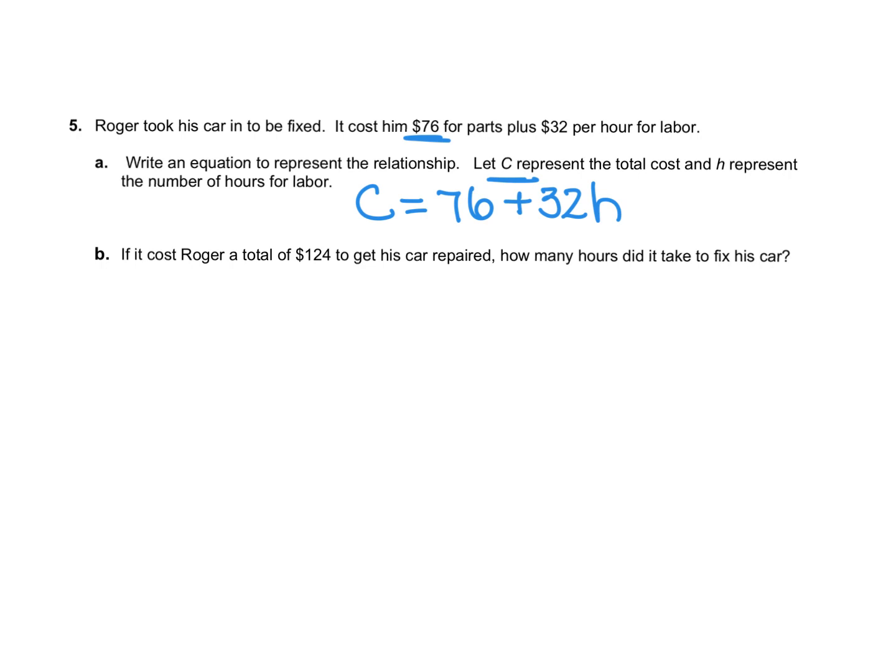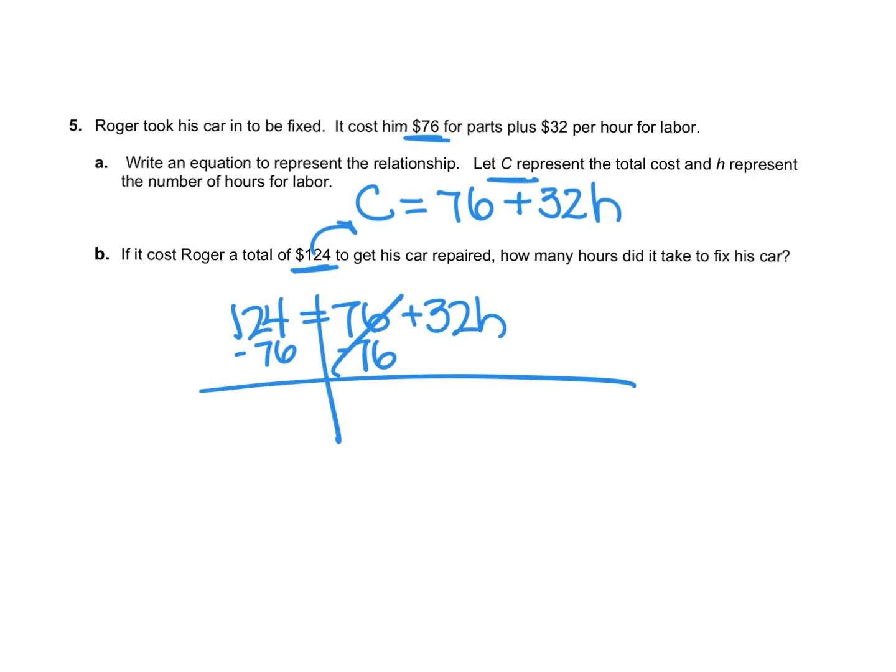So for letter B, it says if it costs Roger a total of 124, so our total cost right here, 124, how many hours did it take? So we'd have our 76 plus 32H. So we're isolating the variable again by subtracting our 76.